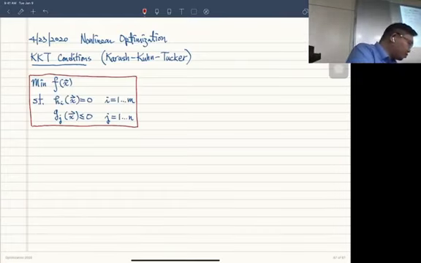When we find a new point, of course it has to satisfy our constraint, right? When we plug into our constraints, we wish this new point will satisfy the equality constraint.